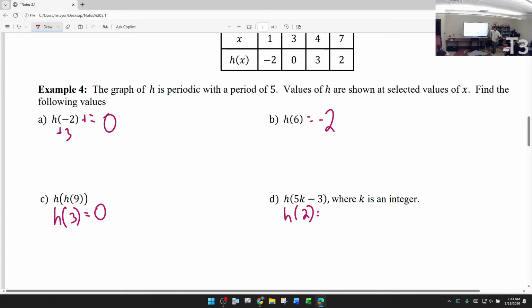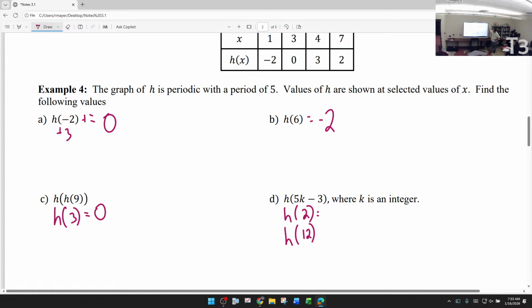Stop. What if k is 3? If k is 3, that's 15 minus 3, which is 12. Y'all starting to see a little pattern here? So if the slope is the same as the period, does it matter what you put in? No. Y'all okay? Kind of what I'm saying?